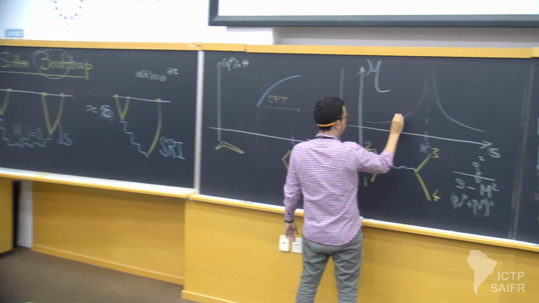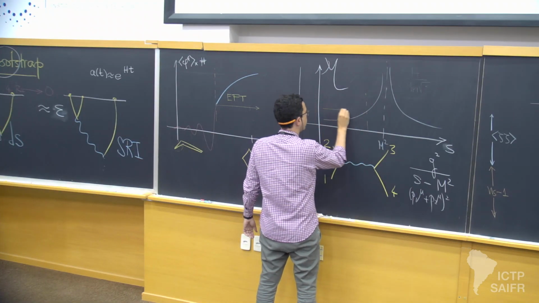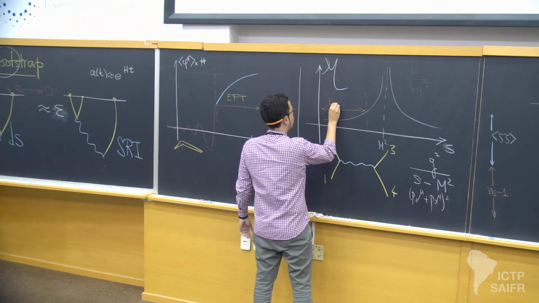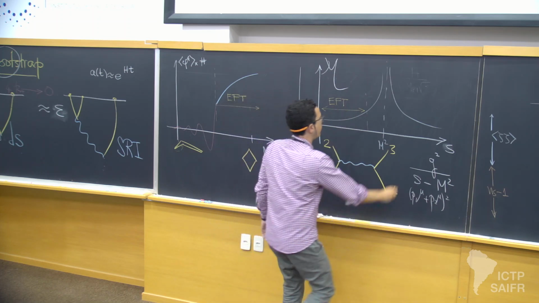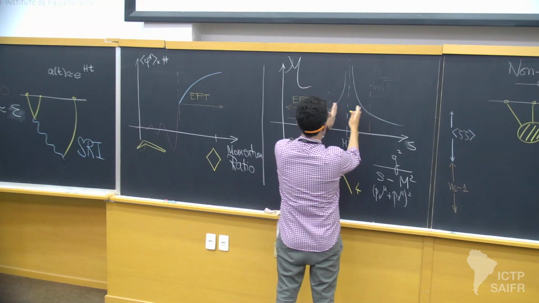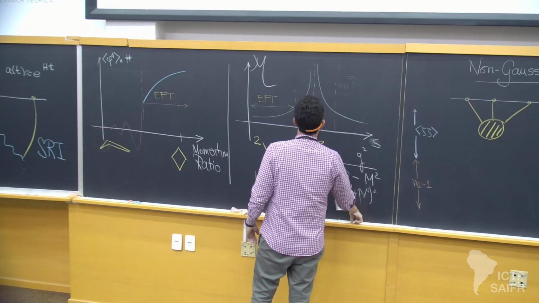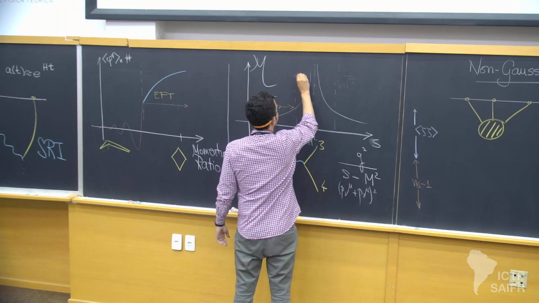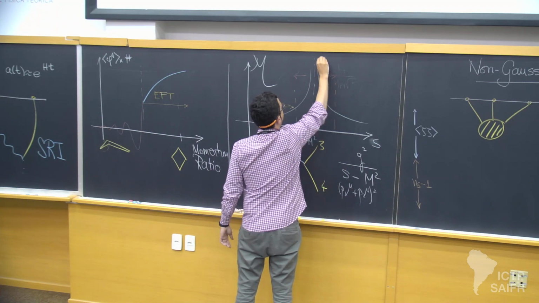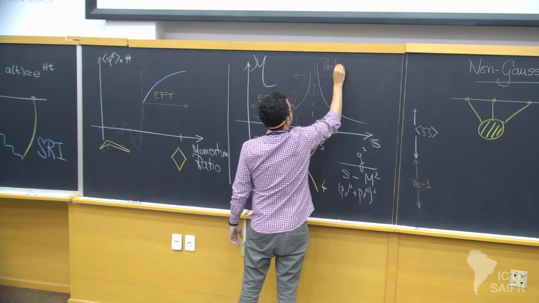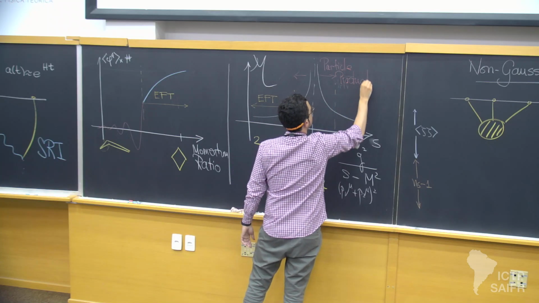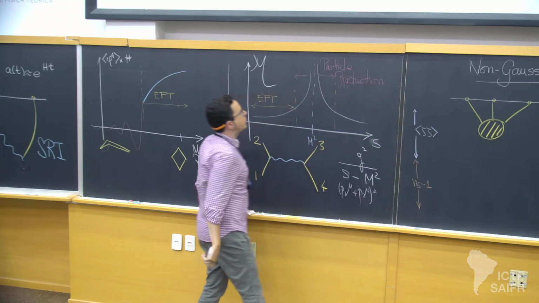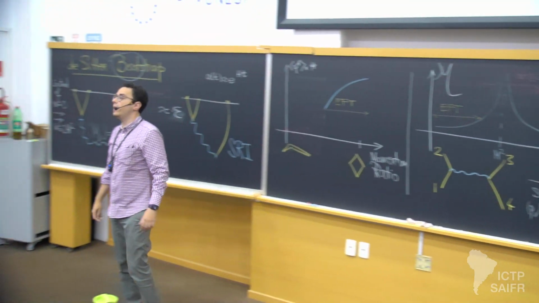Here there's EFT. And then around this, when you see the spike, then you discover a new particle. So then here, there is particle production. Okay?